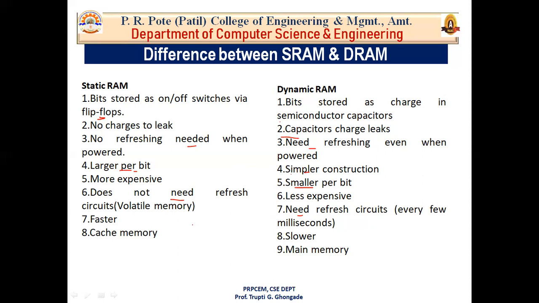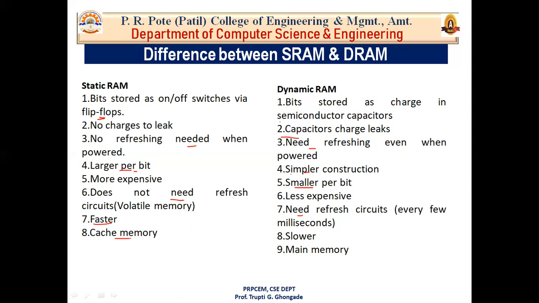Then the next difference is that static RAMs are faster and dynamic RAMs are slower. In static RAM, information can be accessed faster. Usually, static RAMs are used to build cache memory, and DRAMs are used to build main memory. So this is the basic difference between static RAM and dynamic RAM.